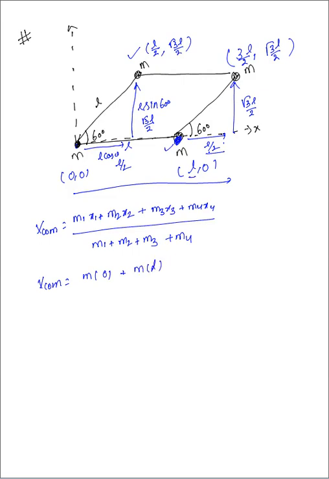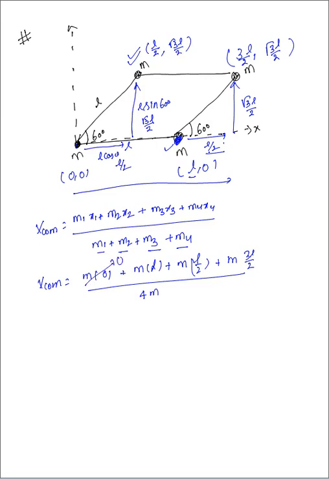Plus M3 value how much we are having? Let me choose this fellow. M. And X3 value? L by 2. Plus M4 value? M. 3L by 2. Divided by M plus M plus M plus M, that's nothing but 4M, which will get it here. And this tends to 0 here.